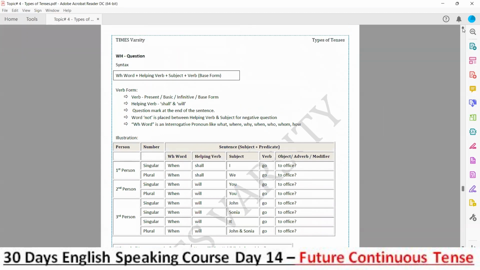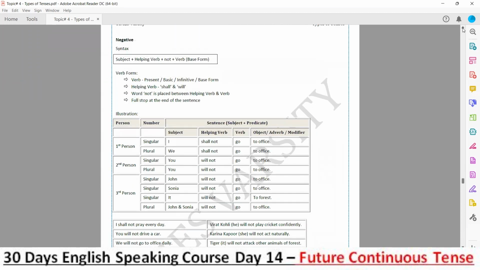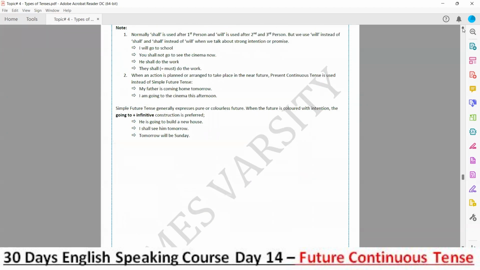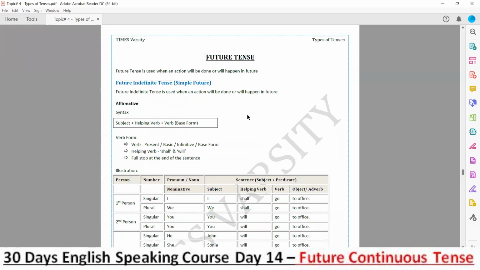In case of future indefinite tense, the first form of the verb is used in affirmative, negative, simple question, and WH question. So there is no change in form.